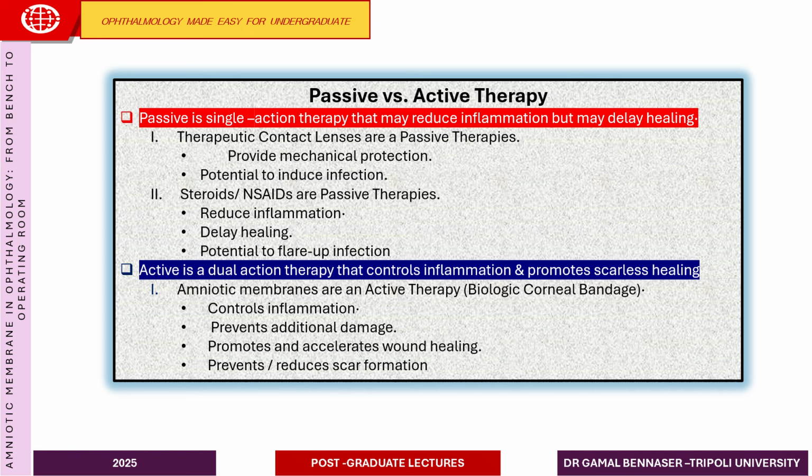That's why it is named a biological corneal bandage contact lens. So this concept is very important: when we use passive therapy like contact lens or steroids, this will be at the expense of delaying the healing process. However, when you use an active therapy like the amniotic membrane, you will achieve the goals that you need, but not at the expense of the healing process.